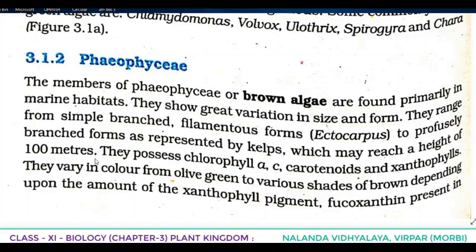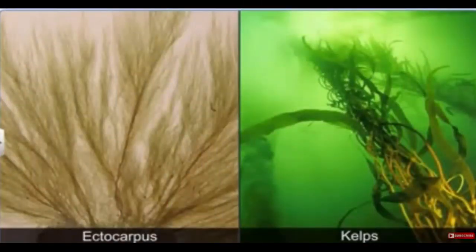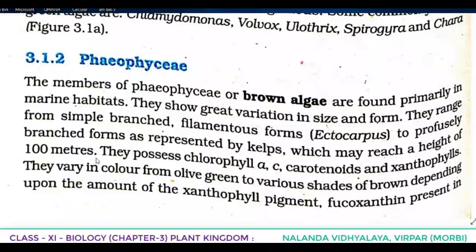They range from simple branched filamentous forms, that is Ectocarpus, to profusely branched forms as represented by kelps, which may reach a height of how much? 100 meters.